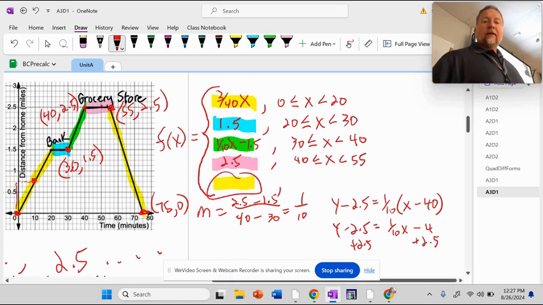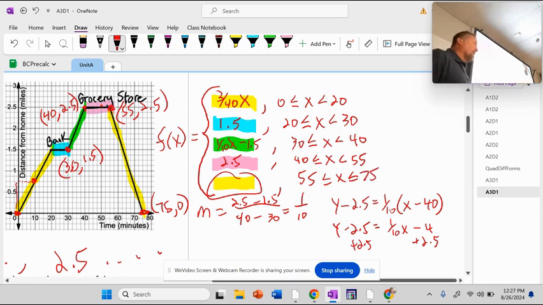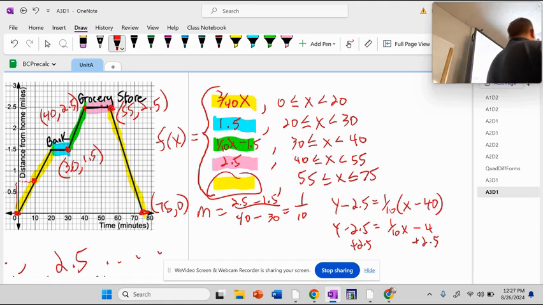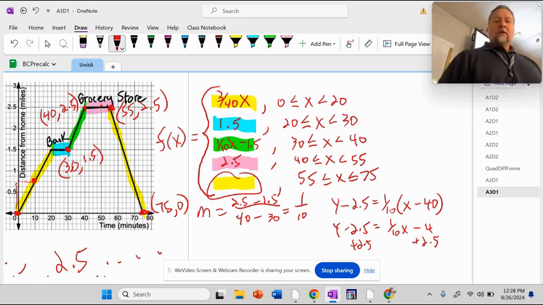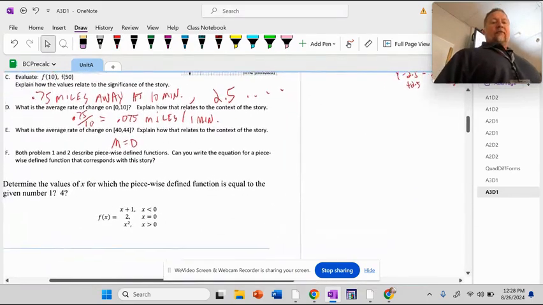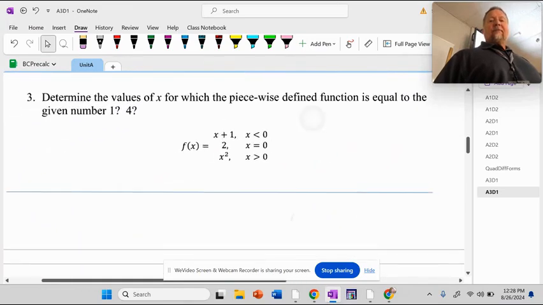That last one is 55 less than or equal to x all the way up to 75, and it closes. We're counting 75 because 75, comma 0 exists. At the 75 minute, you make it back. I'm just being lazy. You know how to find an equation of a line. Whew, that's a mouthful, right? That was rough.